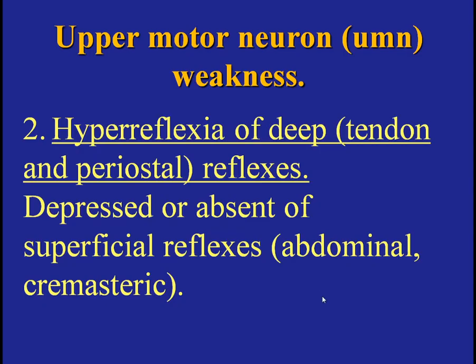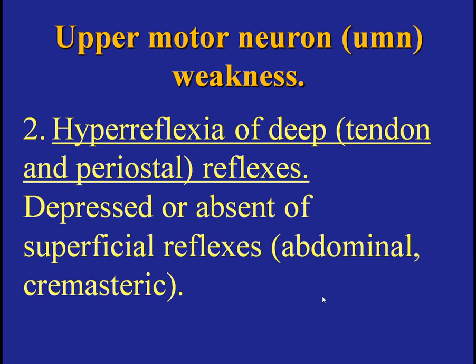Upper motor neuron weakness. Hyperreflexia of deep tendon and periosteal reflexes is the second sign of upper motor neuron weakness. Depressed or absent superficial reflexes, abdominal or cremasteric.